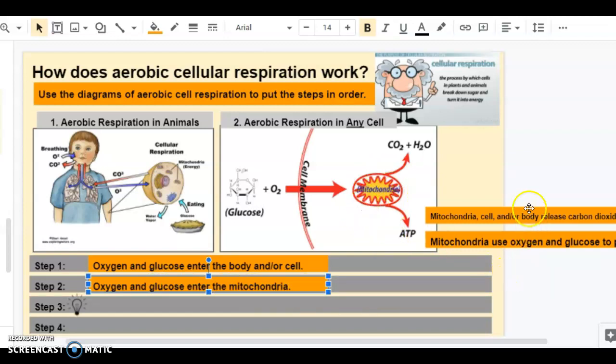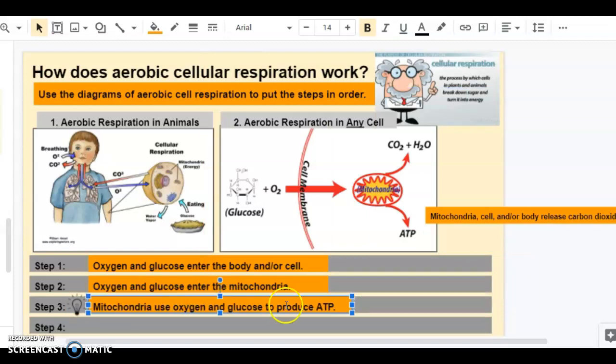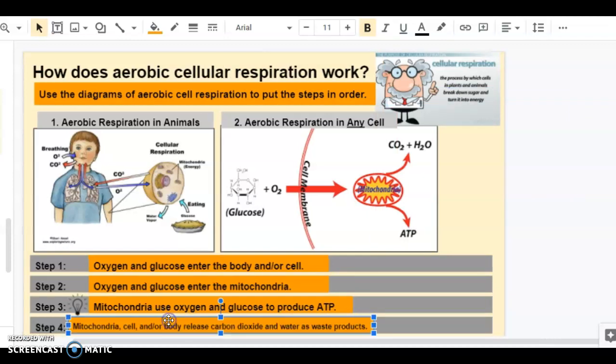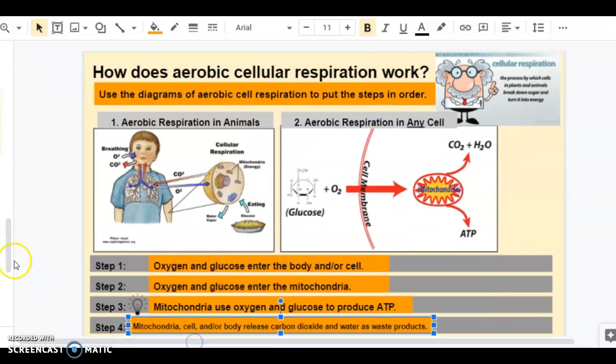And then the mitochondria are going to use the oxygen and the glucose, rearrange and break and make bonds to produce ATP. When they do that, they release carbon dioxide and water as waste products, which must then be transported away.